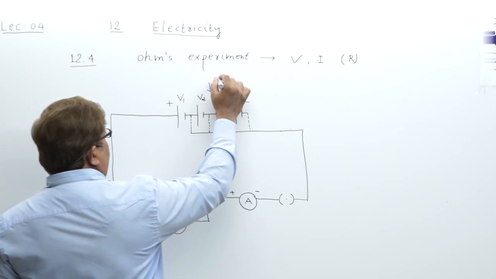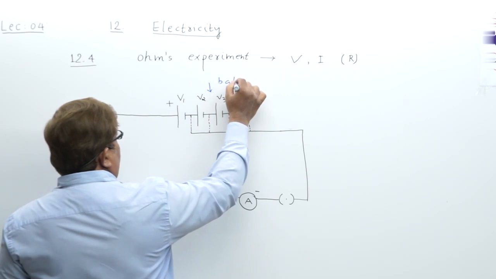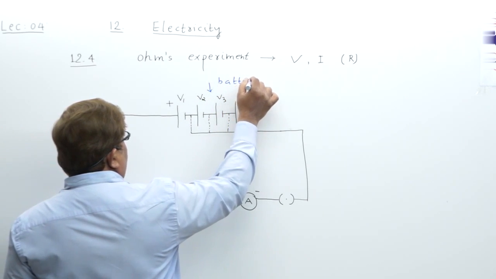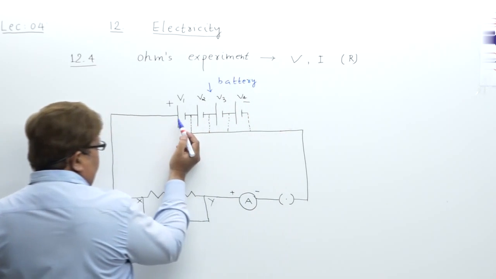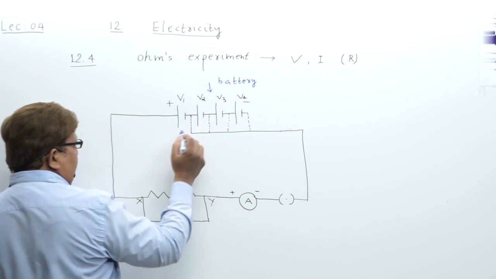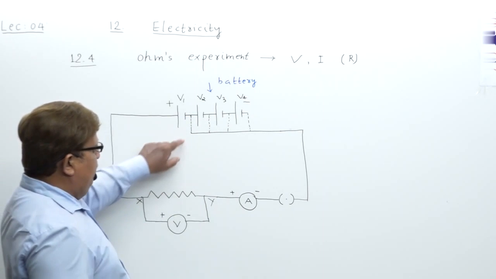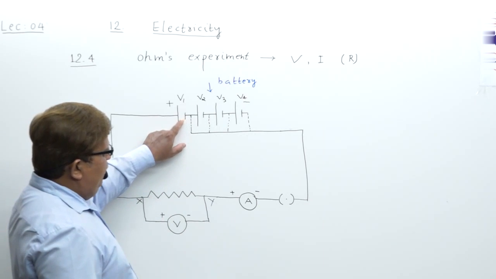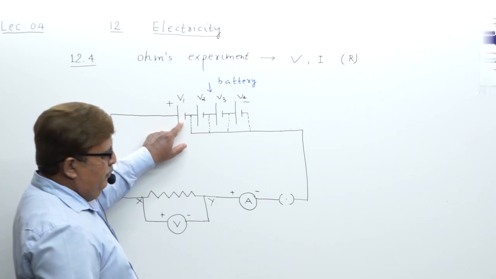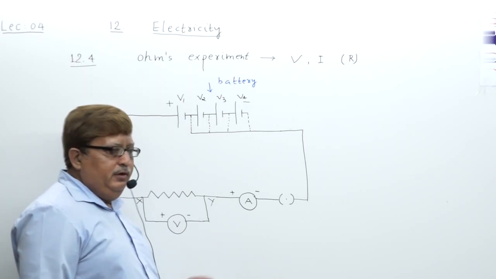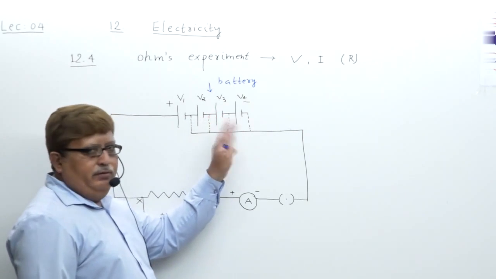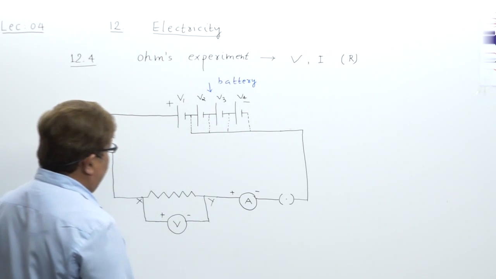It is a battery, okay? Battery means, you all know, a series of cells. Here, see, I have shown dotted lines. So at the start of the experiment, we will connect just one cell in the circuit, then two, then three, and then four cells, okay?